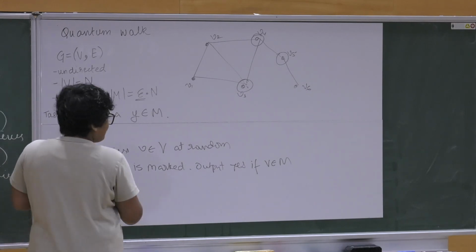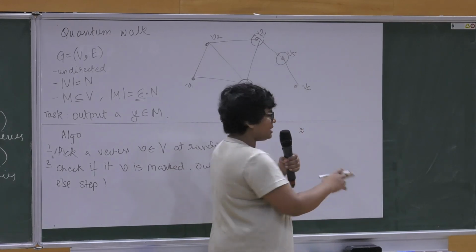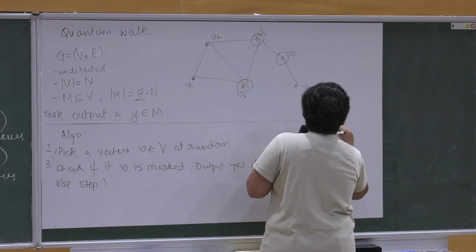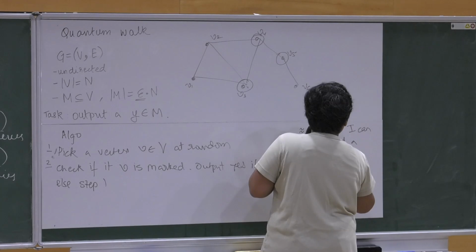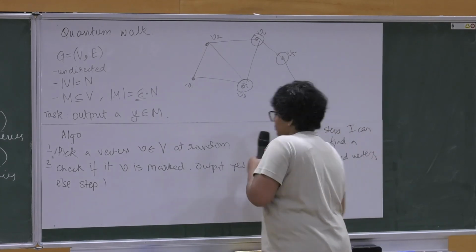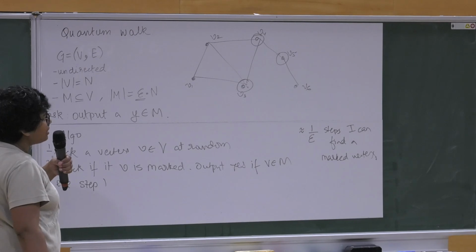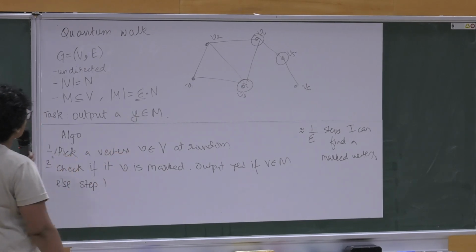I'm using sloppy notation, meaning I'm not counting exactly, but in about this many steps I can find a marked vertex. This is clear because if epsilon is really small, I need a lot of steps to find a marked vertex, okay?